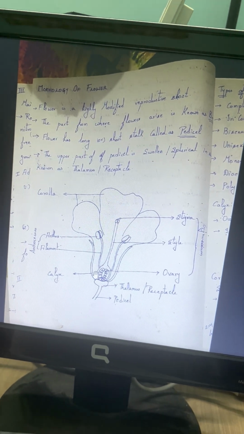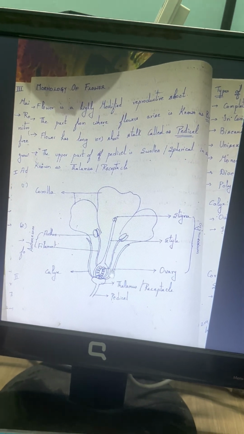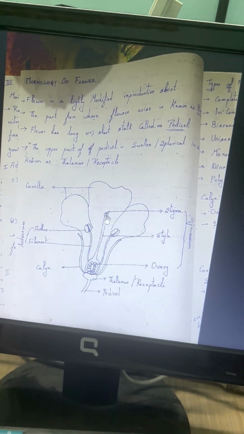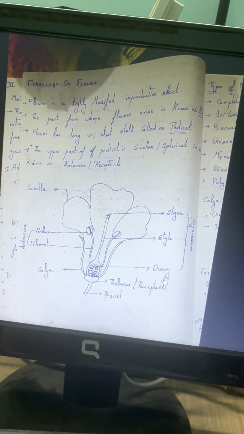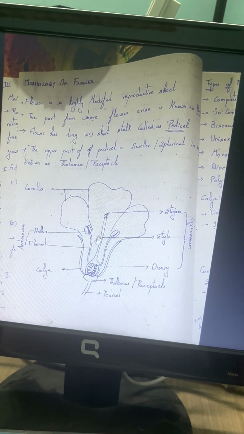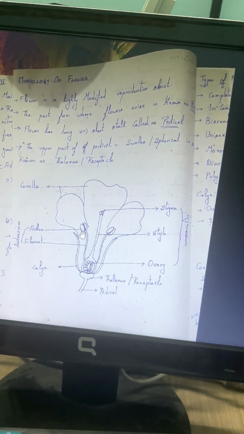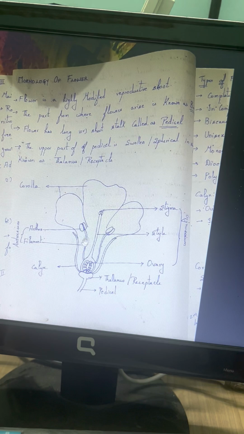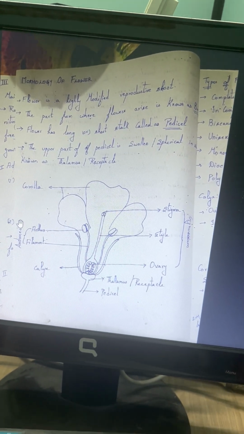Next, inside we have the stamens, ovary, anthers, stigma, style. The stigma, style and ovary, the center portion, all three together are known as gynoecium, and the stamens, the filament and the anthers, are known as androecium.